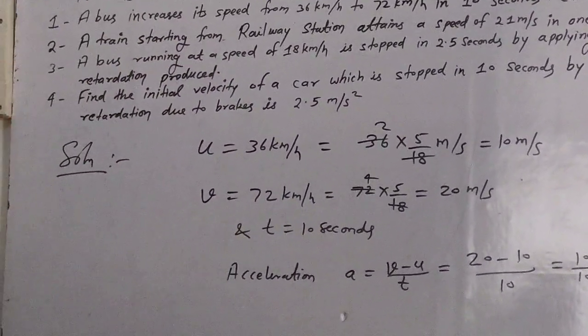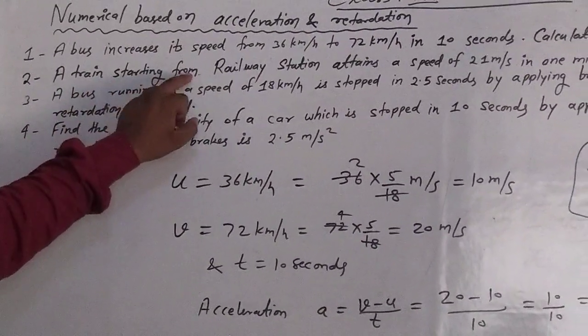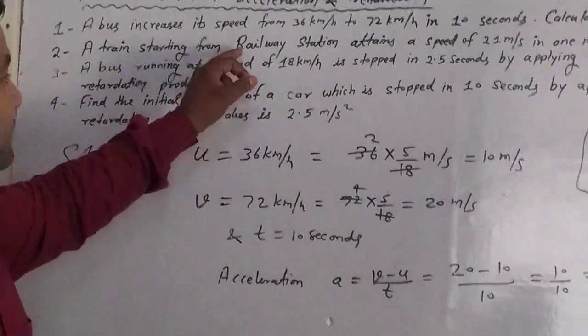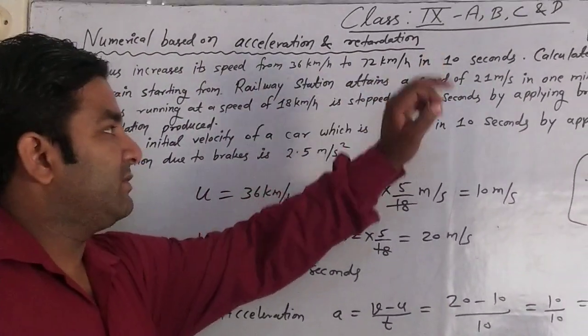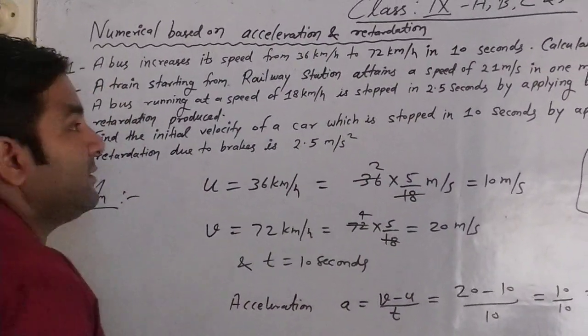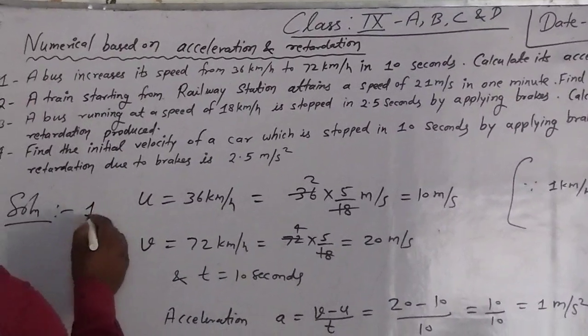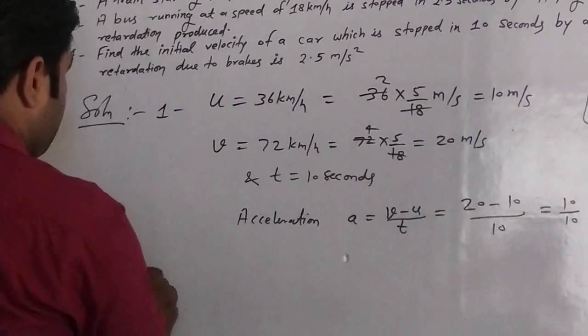Solution 1 is very easy. The next one: a train starting from a railway station, it means initially the train is at rest, so u is equal to 0, attains a speed of 21 meter per second in 1 minute. Then find its acceleration. The solution of problem number 2. Very simple case.